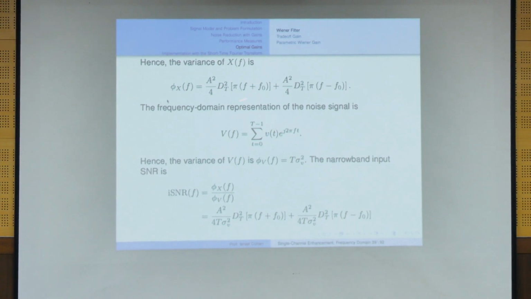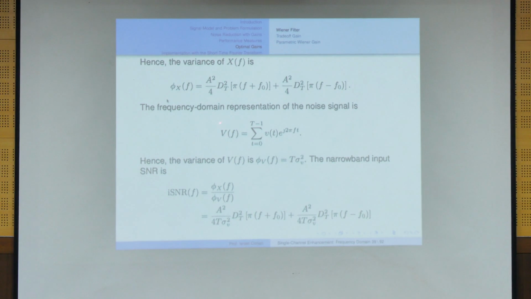You see, this is similar to sinc, but it's not sinc, it's like the periodic sinc, which is centered around F0, and another one centered around minus F0, because you have the two frequencies, the positive and the negative. This is the spectrum. So it's not just two pulses, around each pulse we have the Dirichlet kernel.